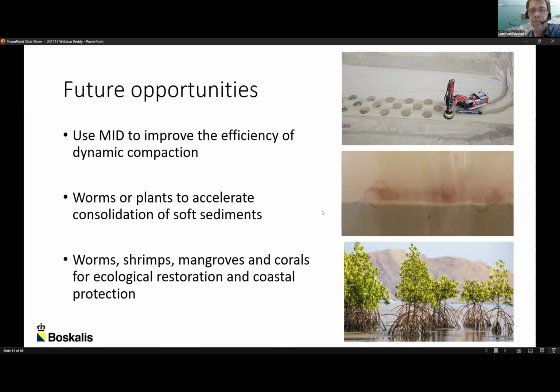So right now I'm working for the contractor, and I found that for the applications Boskalis is interested in, which is mostly large-scale reclamations, the process is actually quite expensive.